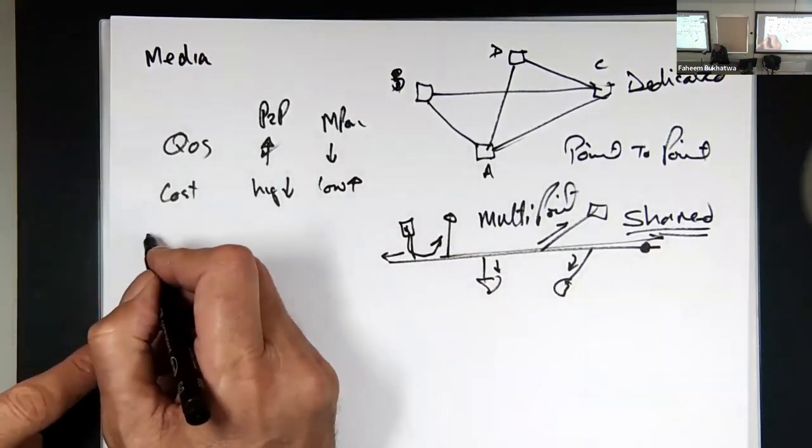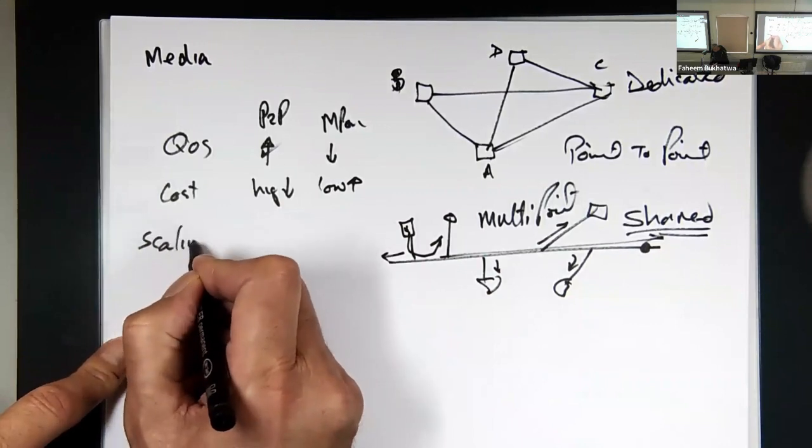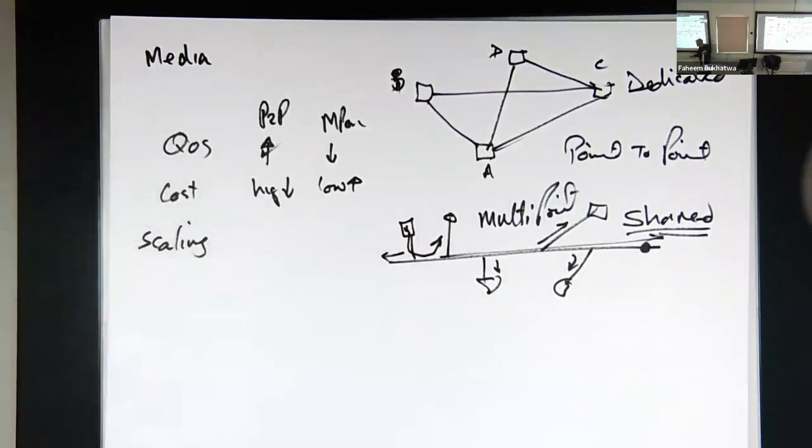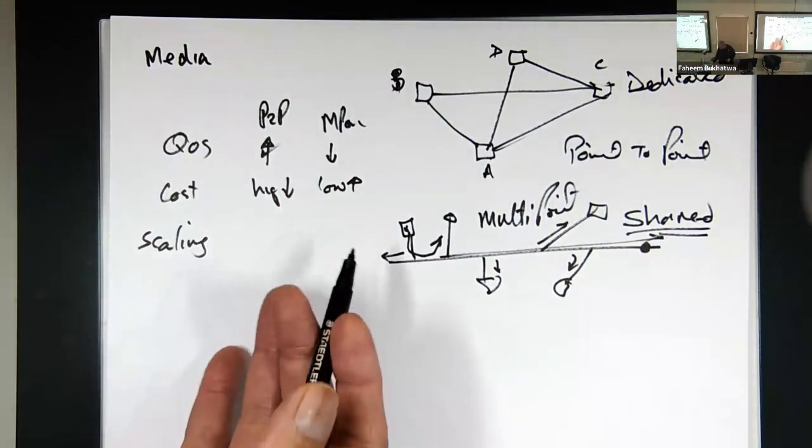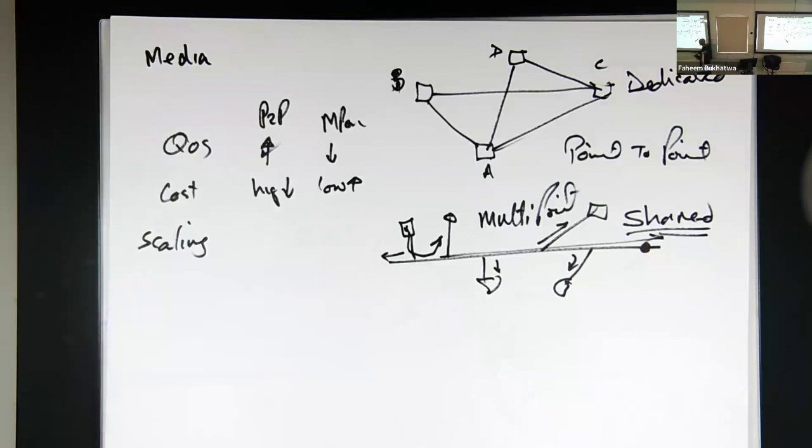What about scaling? What's scaling in networking? What does it mean? Having more nodes? Yeah. Scaling is getting larger or smaller in general. So normally in networks, they only get bigger and bigger. So which one is easier to increase in size, the multi-point or the point-to-point?